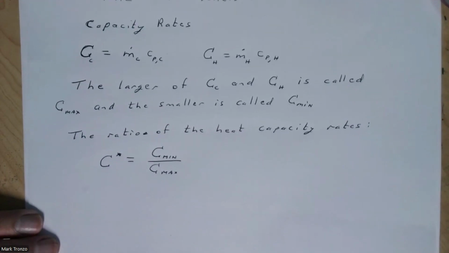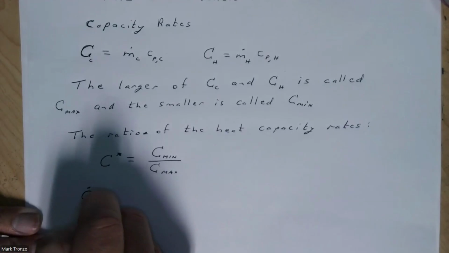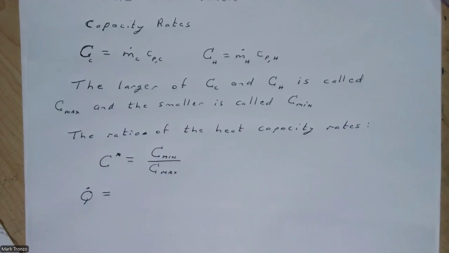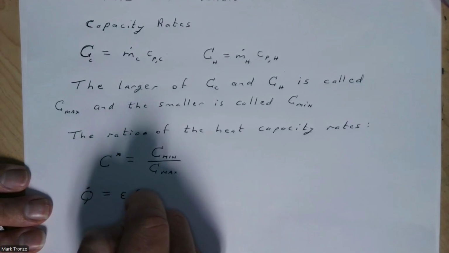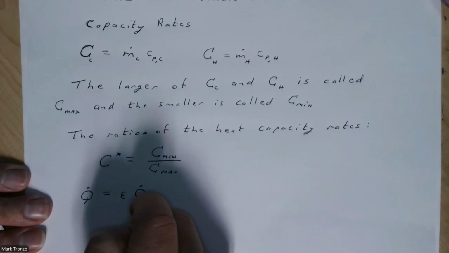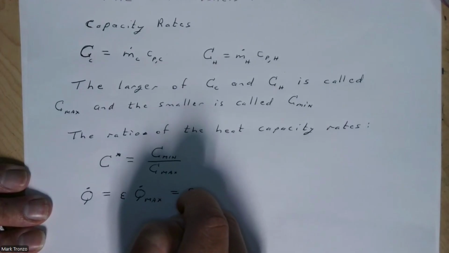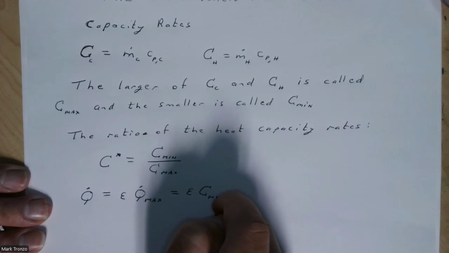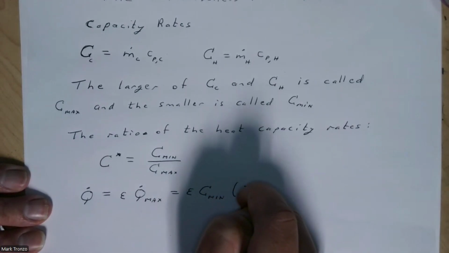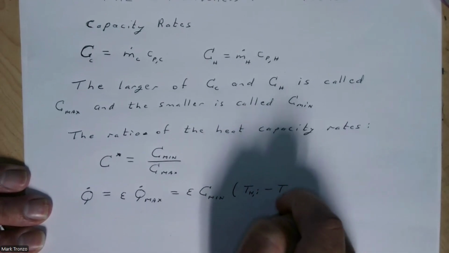Now, heat transfer, whether it be cold or the hot, we've defined it before, but now it can actually be defined by epsilon times what is called Q dot max. And Q dot max is going to be C min times the temperature of the hot fluid in minus the temperature of the cold fluid in, like this.